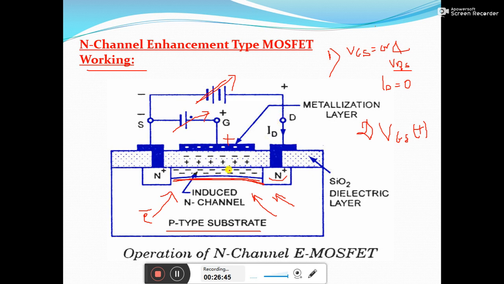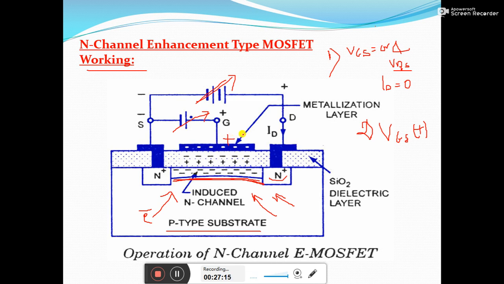The voltage at which the channel is formed and a significant amount of drain current is observed is known as threshold voltage. I repeat, the VGS at which a channel is formed and a significant drain current is observed is known as threshold voltage.